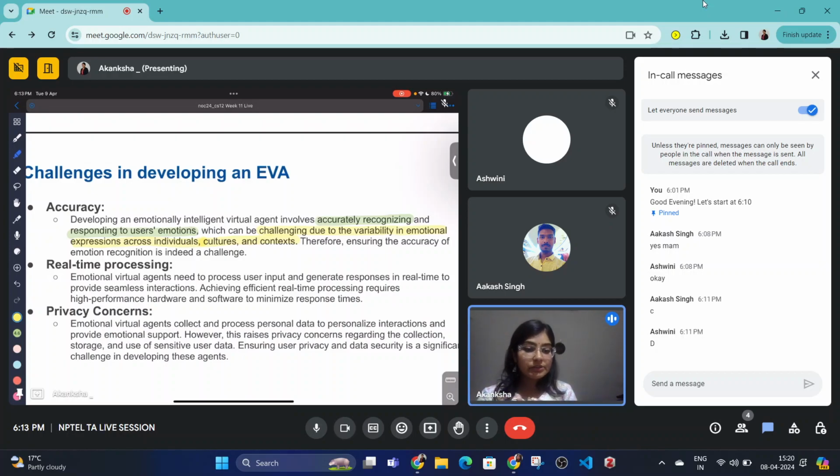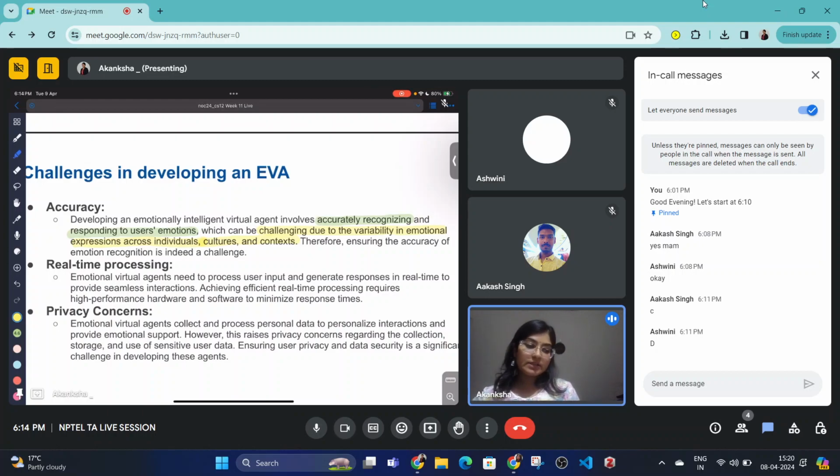Something which is okay in the US might not be that okay in India, so it has to be accurate in that respect as well. Different contexts are also there. Suppose I am in a situation where I'm finding something funny, but in a different situation I won't find that same thing funny. So it is very important to identify what kind of context, what kind of situation is going on. It is a major challenge actually.